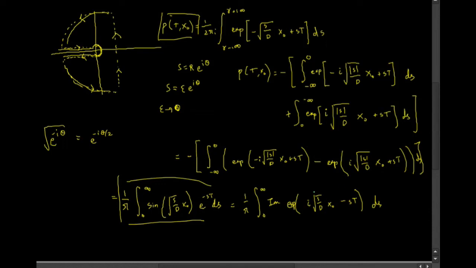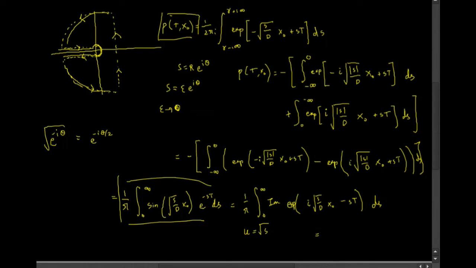Here I won't go through all the steps, but if you make the substitution u equals square root of s, you get an integral on which you can complete the square, and that allows you to then solve it just as a Gaussian integral.